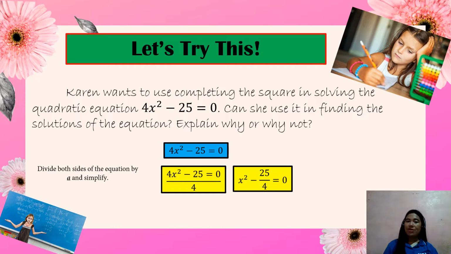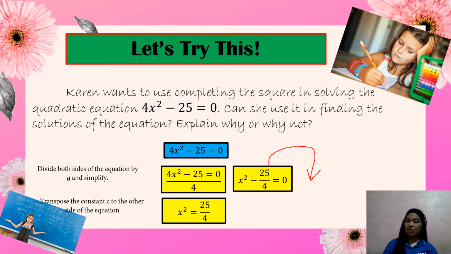Alright, so the next step, since our a is already 1, is to transpose the constant c to the other side of the equation. So this negative 25 over 4 here shall be transposed to the other side of the equation. Therefore, we have x squared equals 25 over 4.